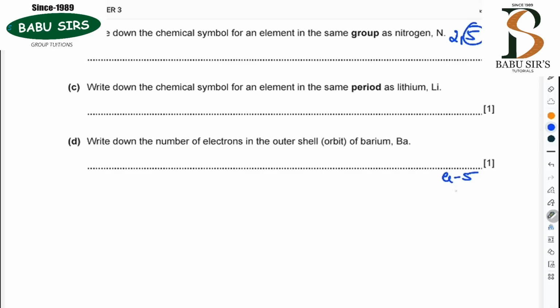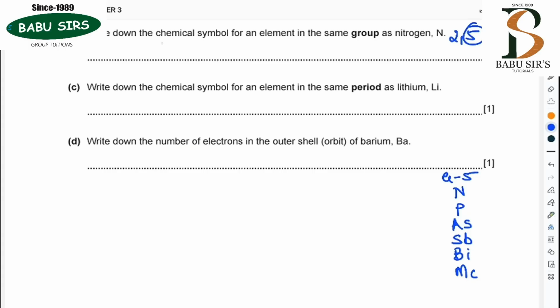So I'll write it down. It is N, then P, then As, which is arsenic, Sb, Bi, and Mc. All the names you can see on the periodic table.